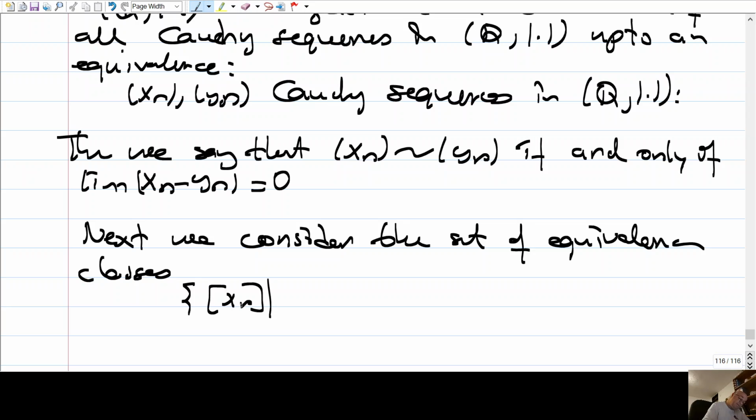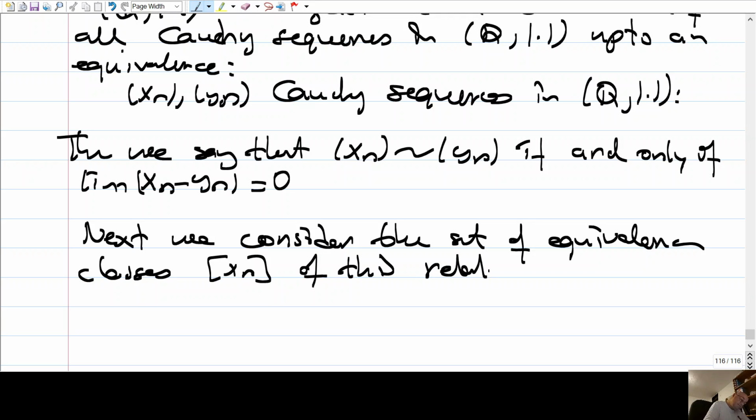Okay, let me write like this. Xn is equivalence classes of this relation. So what does this mean?